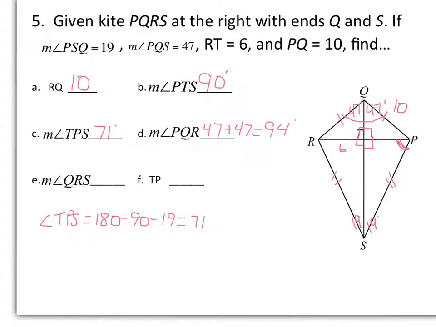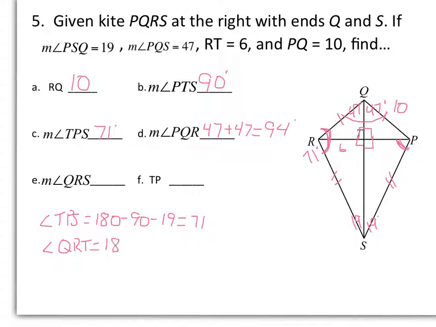Letter E, measure of angle QRS. So that's our entire angle on the side. So if angle TPS was 71, that makes this side also 71. First we need to find angle QRT.